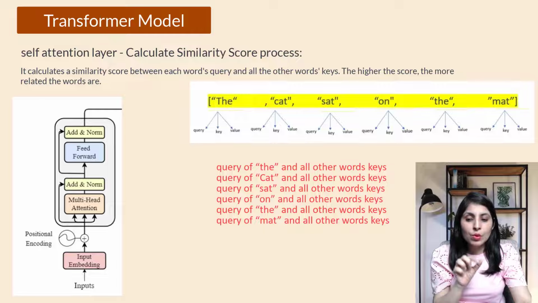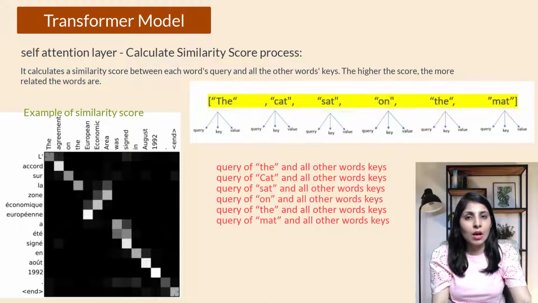Don't worry if you don't understand this sentence right now. In a minute I'll show you the example and you will be clear. For now just remember how this similarity score will be calculated: each word's query and all other words' keys will calculate the similarity score. The higher the score, the more related the words are.